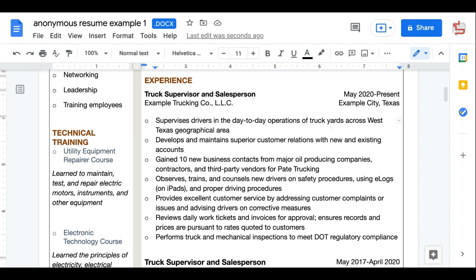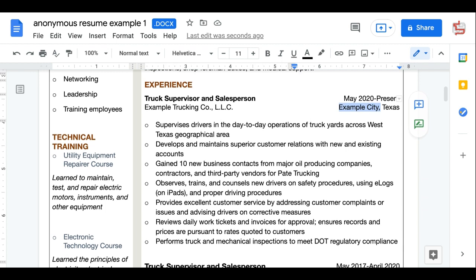So on the job ad, this was the content exactly from the job ad. I added across West Texas geographical area to fill out this bullet to let the employer know that this person had experience not only in this city but across West Texas.